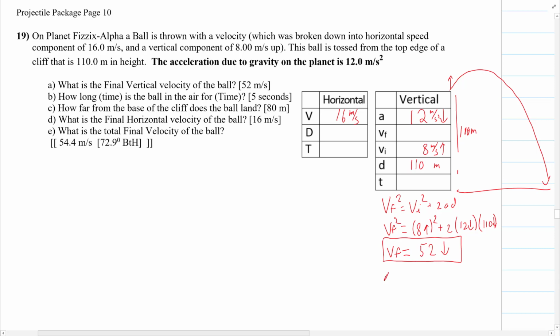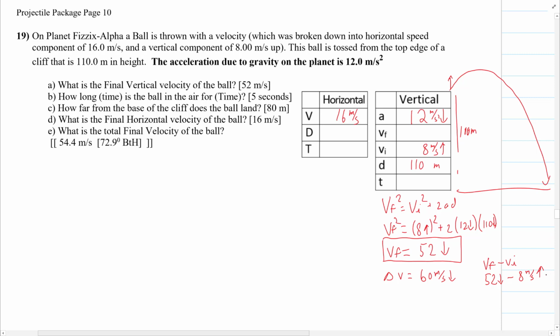And the change in velocity is 8 up and 52 down, which is 60 meters per second. Okay, and that's just Vf minus Vi, but that's the change in velocity, and Vf is 52 down and minus 8 meters per second up.